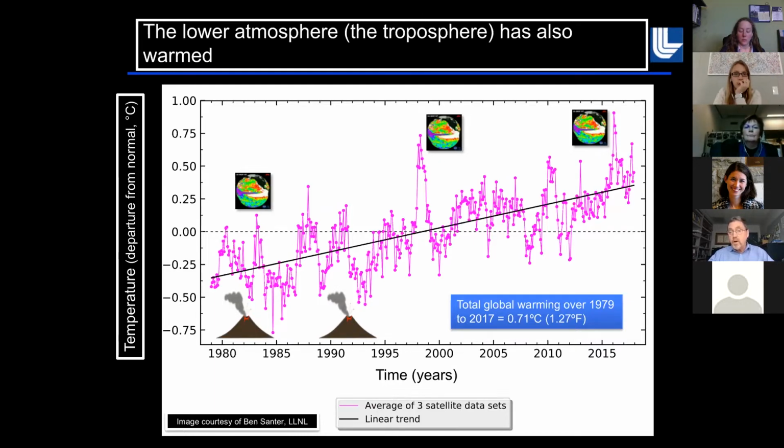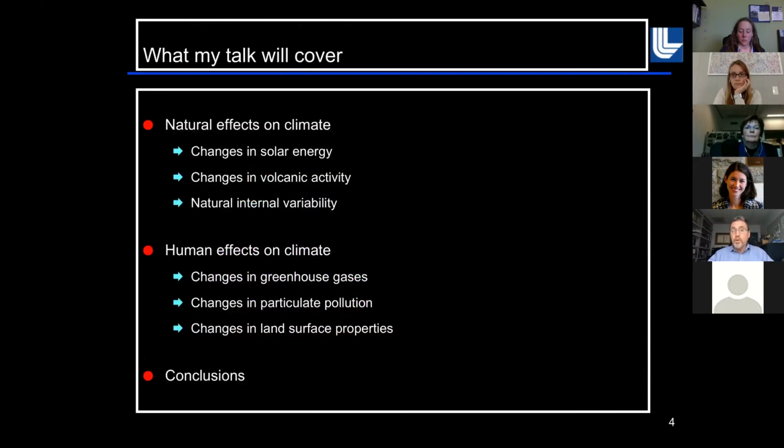And we'll be talking about all of these things, the overall rise in temperature and the factors driving it, and also these natural factors like El Niños, like volcanic eruptions. So without further ado, this is basically what my talk will cover: natural effects on climate, changes in the sun, changes in volcanoes, and these internal oscillations, things like El Niños, and then the human effects on climate.